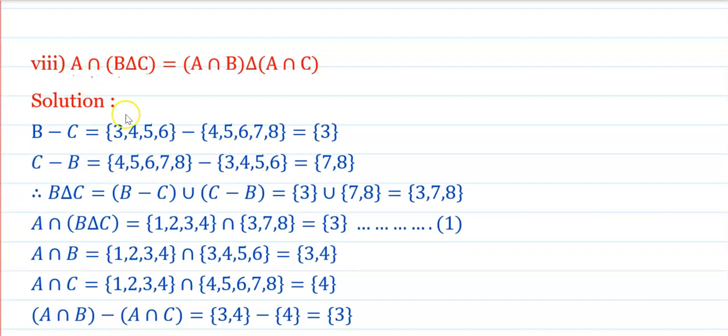A intersection in bracket B symmetric C is equals to A intersection B symmetric A intersection C. Now first, find out the B minus C. B symmetric C means what?